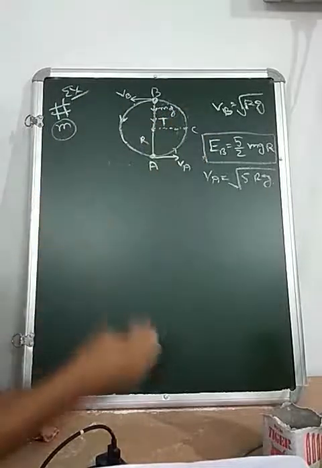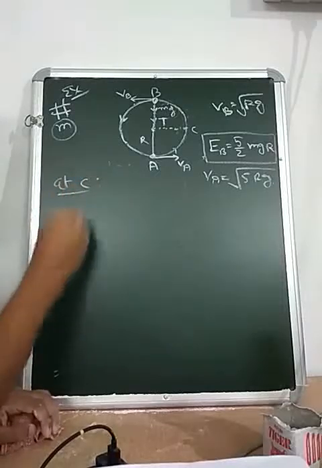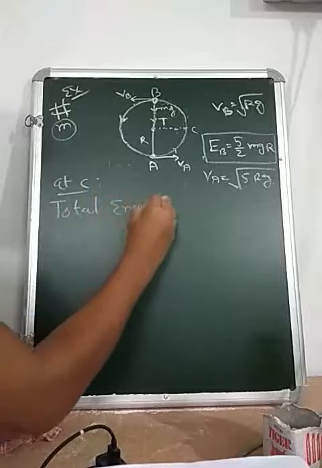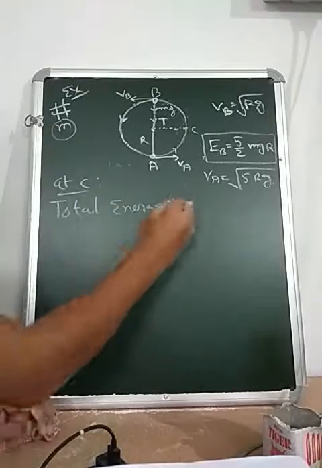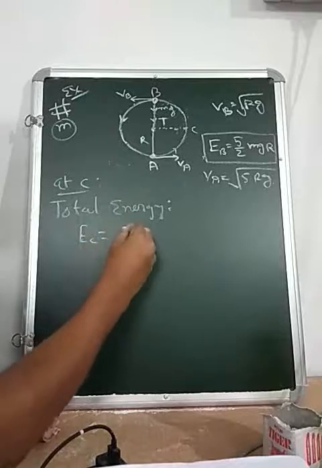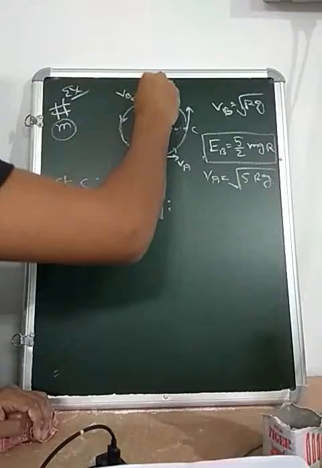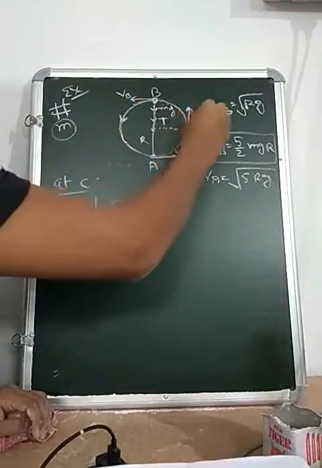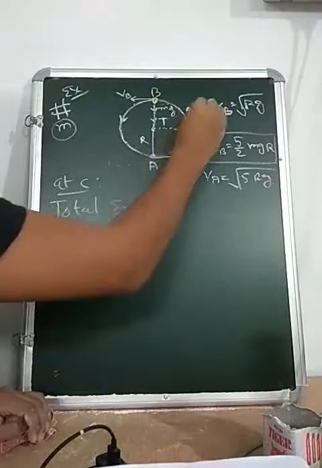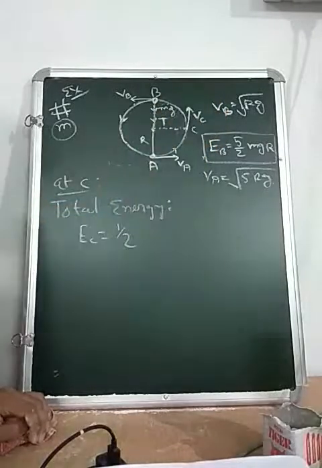Similarly we proceed. What is the total energy at point C? It will be kinetic energy plus potential energy. Suppose the velocity of the body at point C is Vc.